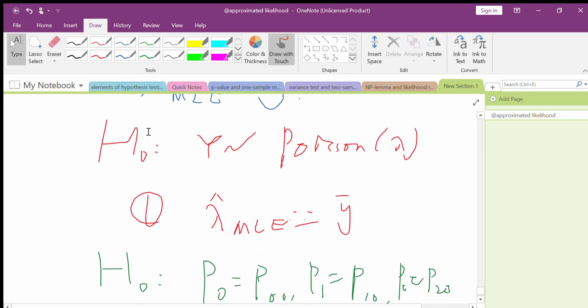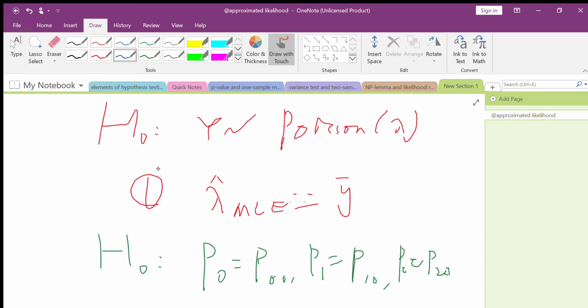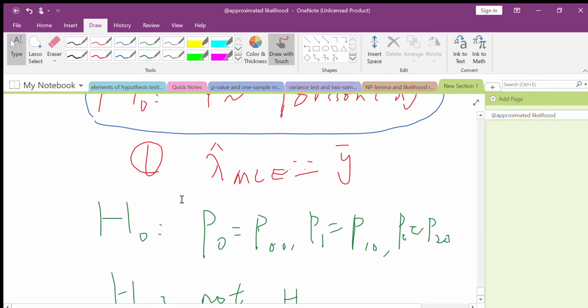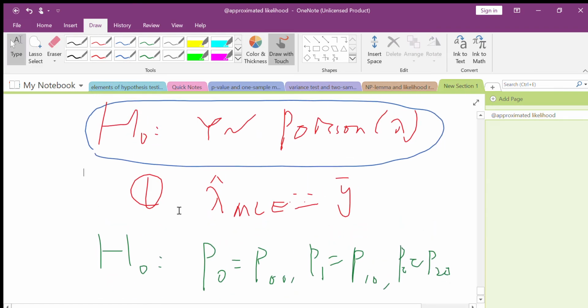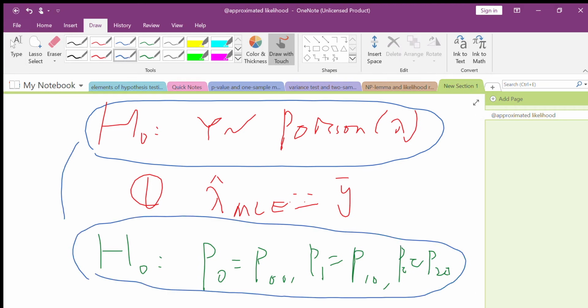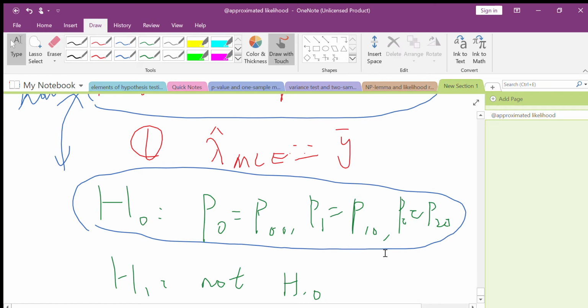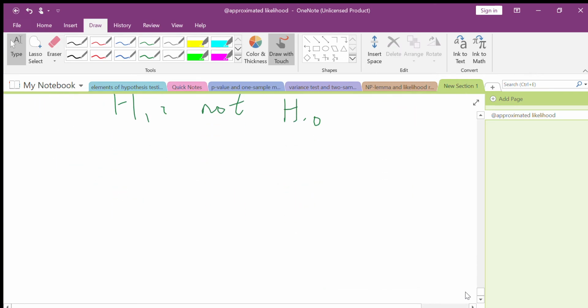So how to relate these two, our goodness of fit test hypothesis and the chi-square test hypothesis? We need to use the first step of lambda hat MLE equals Y bar to calculate this null hypothesis, which means P00 under H null.